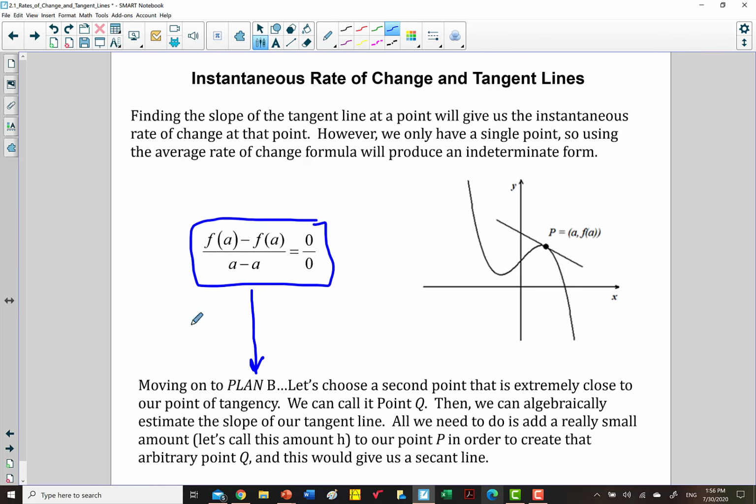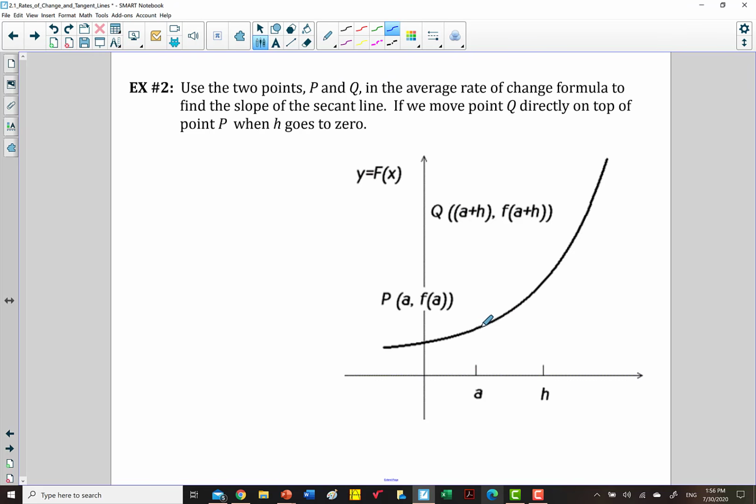And plan B is going to do this. We want to know the slope right at some point A. So we're going to add a little bit to A. Now imagine, if you will, that this is just really zoomed in.